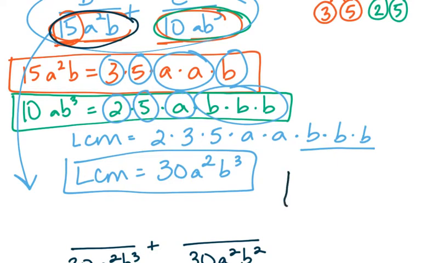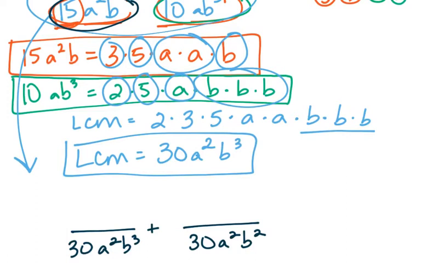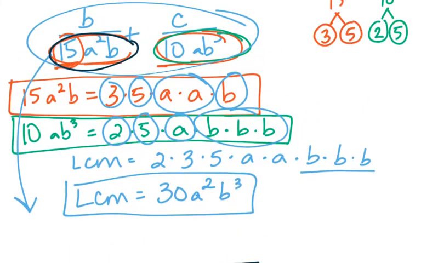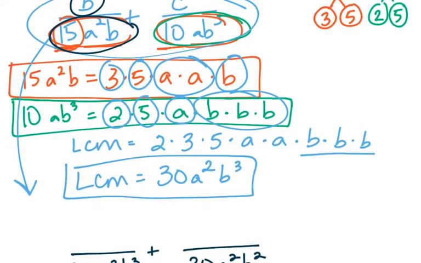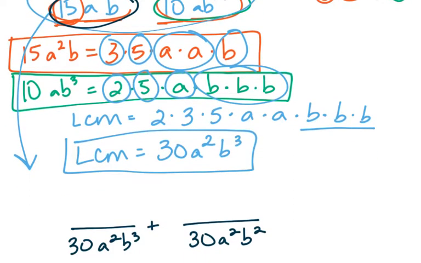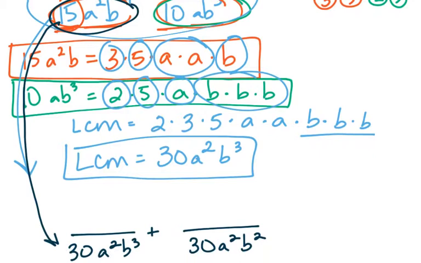So to figure out what we need to transform the new numerator to, we had a b up top. We need to multiply the b times what's left when we figure out how we transformed the 15a squared b to the 30a squared b cubed.